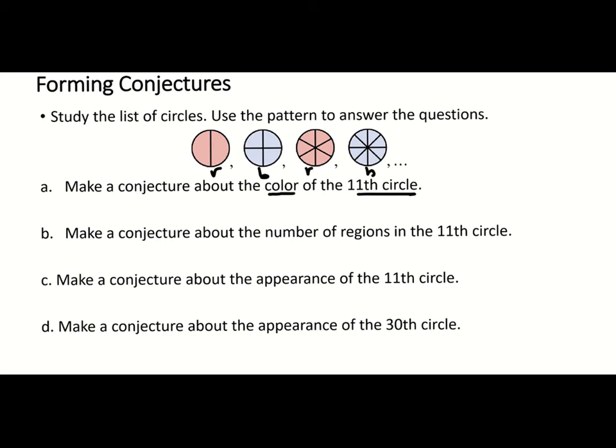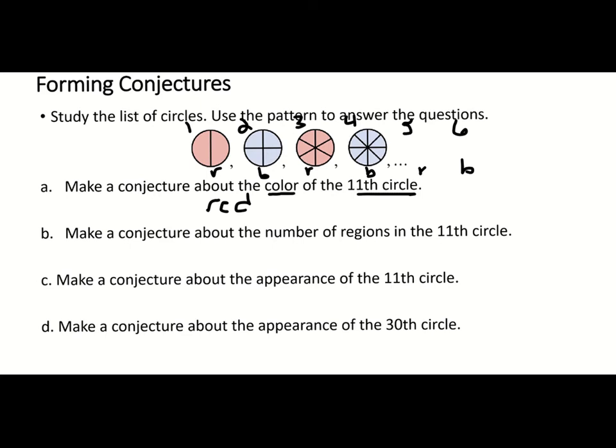And I notice this is the first circle. That's the second, the third, the fourth. The 5th one would be red. The 6th one would be blue. And I'm noticing here, all my odd numbers are red. All my even numbers are blue. So I think that the 11th circle will be red.